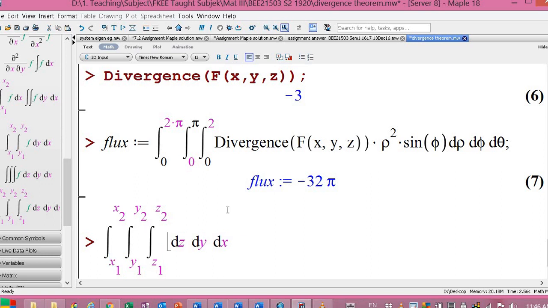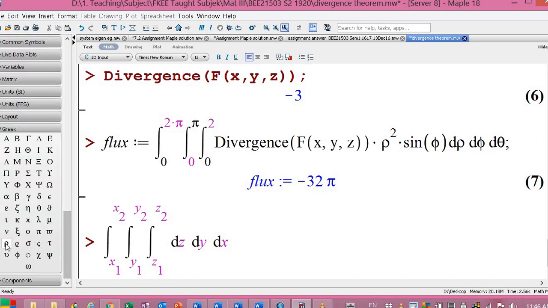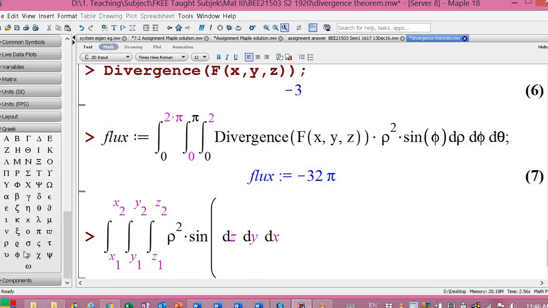Here, that should be rho squared, rho squared sin phi. Rho and then squared, left key to move down, rho squared times sin phi. Phi is here, rho squared sin phi, and then you want d rho, d phi, d theta.